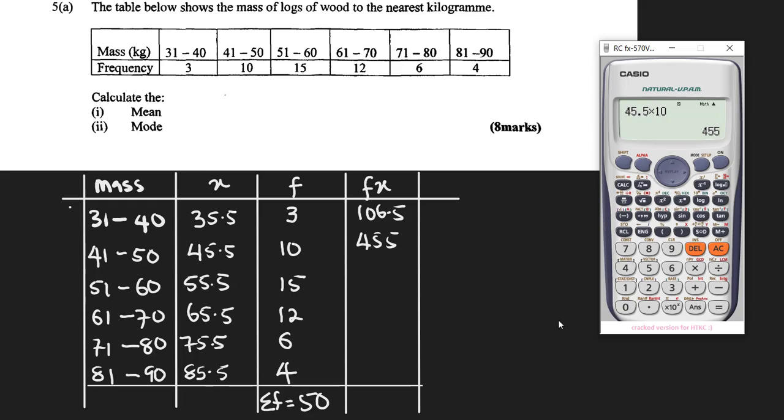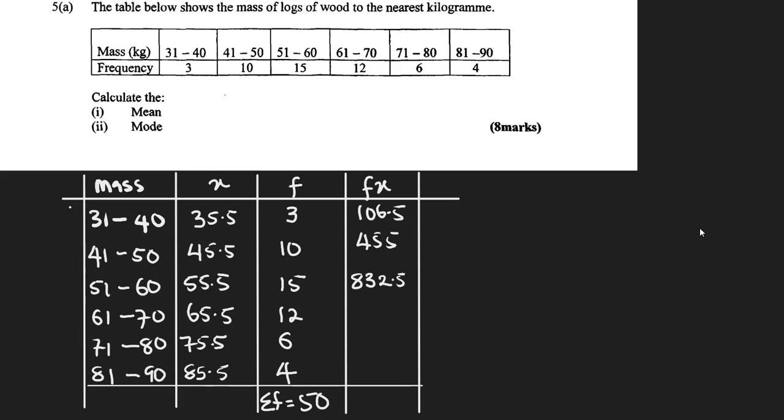I'm going to speed it up a little. So the next thing is to find the sum of f times x. So we call it summation fx.